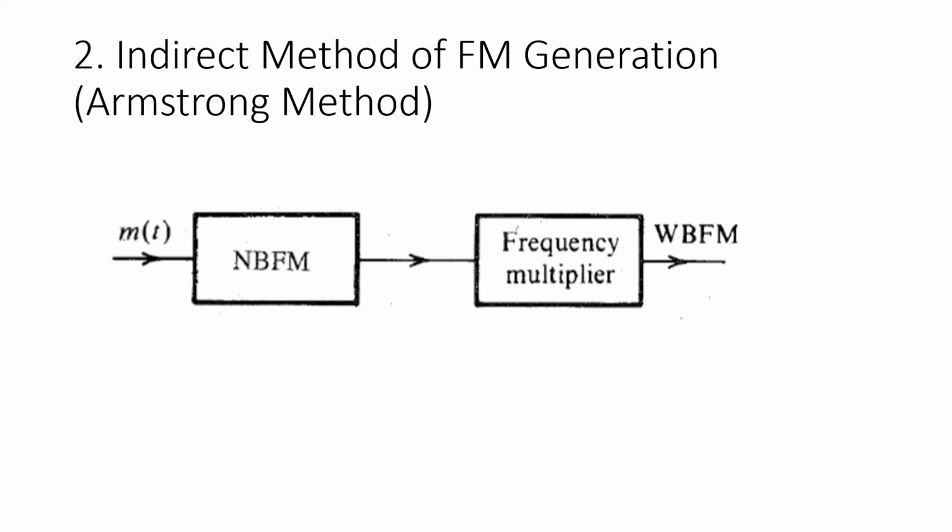This narrowband FM is converted into wideband by passing the narrowband FM signal through multipliers and frequency converters. As per our requirement of carrier value and deviation at the output of the transmitter, the multiplying factor has to be decided, and this can be demonstrated with an example.